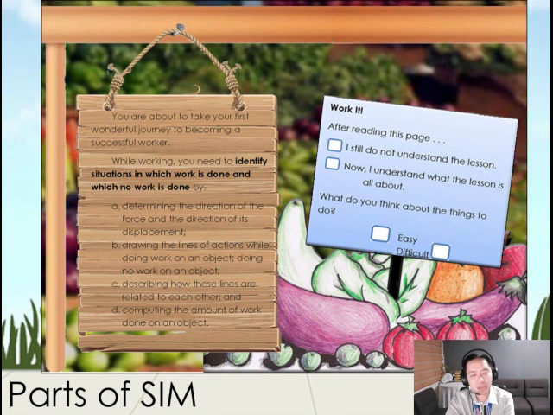This will give the writer, the author, an idea of how they performed after utilizing the activity in general. So if they still do not understand the lesson, then probably you can make amends or have another session of strategic intervention material, or you can intervene with the utilization of the strategic intervention material. If they have chosen, now I understand what the lesson is all about, then the better.